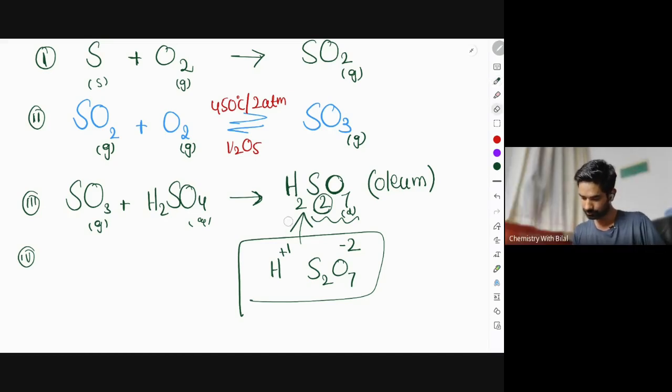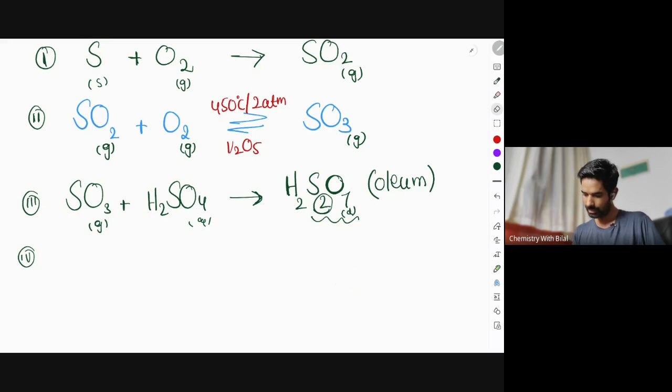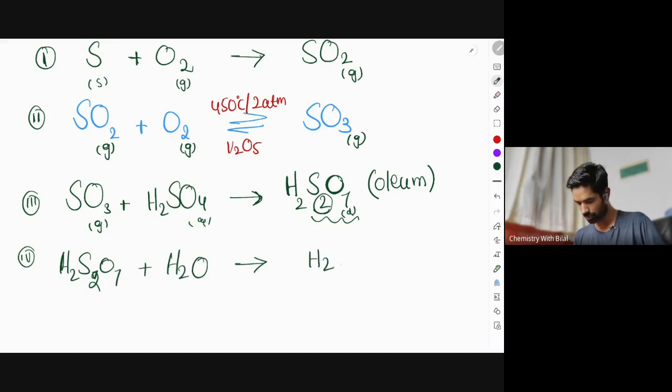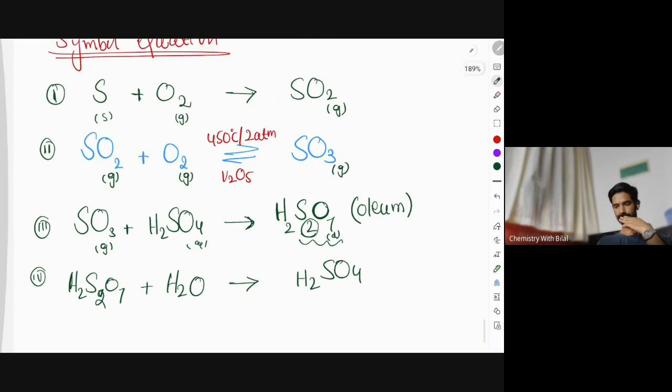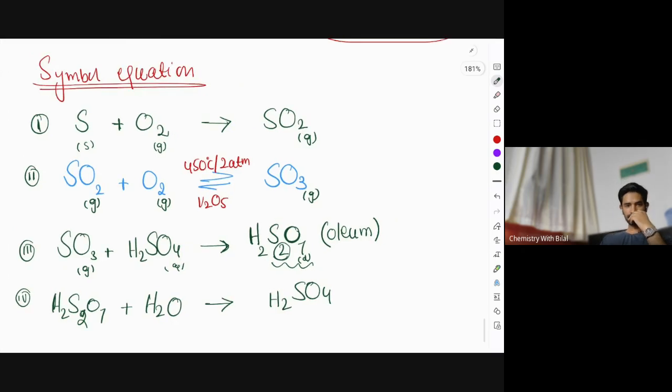So in the last step, that oleum H2S2O7 is added to water to get you H2SO4. I want everyone to balance this equation. Done?